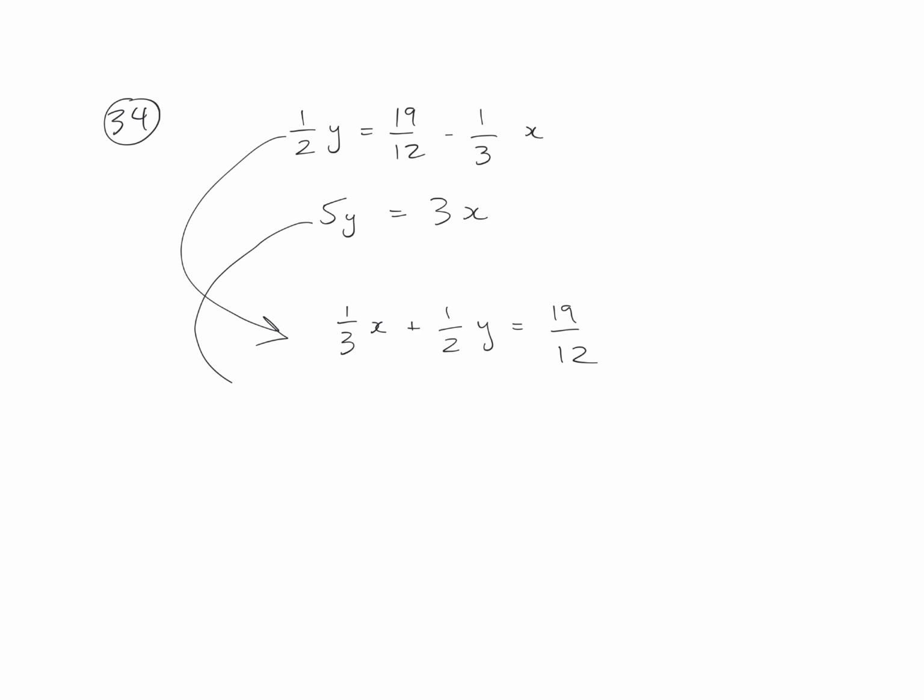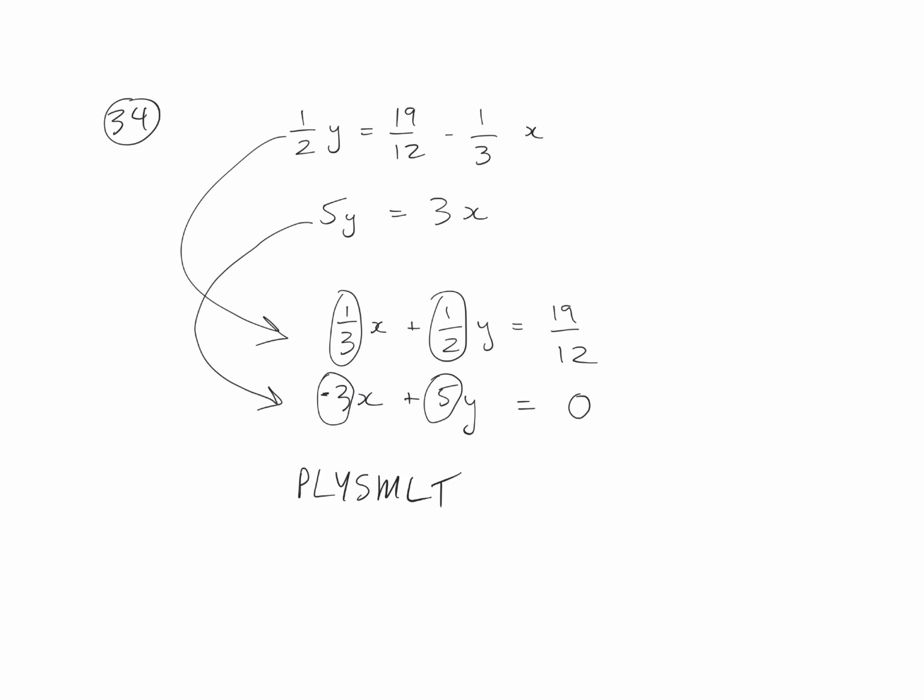And then the next one, I would subtract 3x from both sides, and I would get negative 3x plus 5y is equal to 0. And then I would plug in these values into the calculator app, the TI-84 or 83 app called PLYSMLT2.